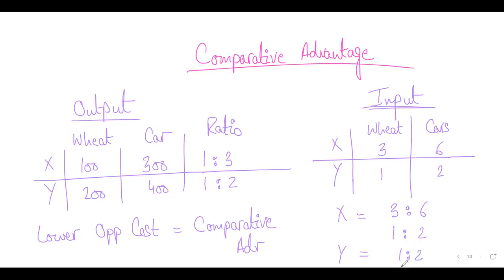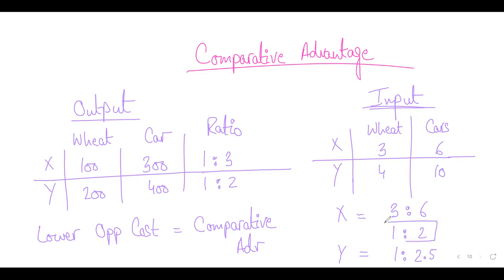This is a slightly wrong example because the ratios are coming out to be the same. So no country has comparative advantage in anything. But if we change our values a little bit, let's say 4:10. So then in the case of Y, it will be 1:2.5. Yes or no?